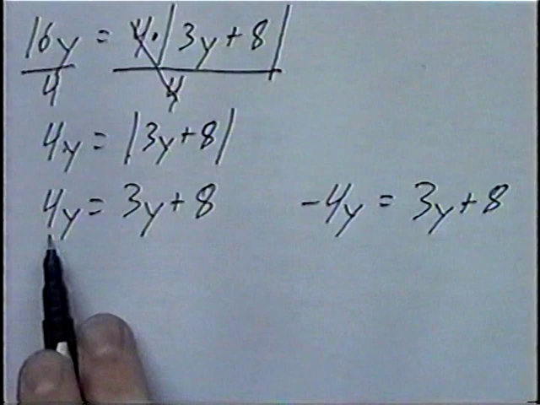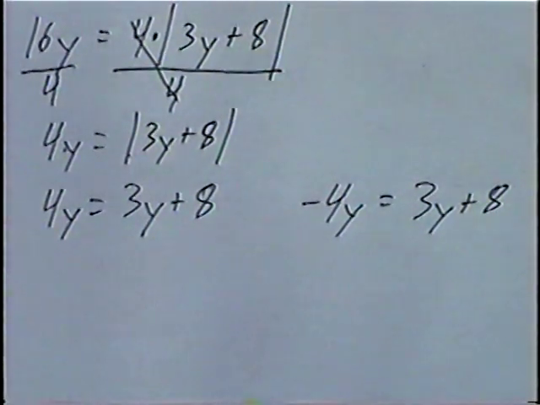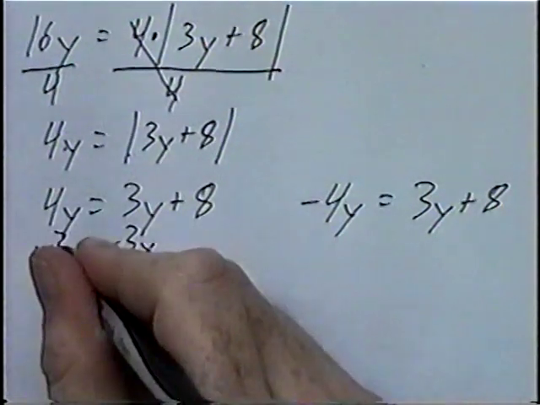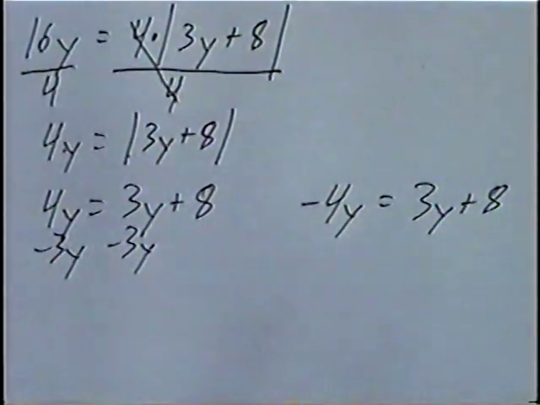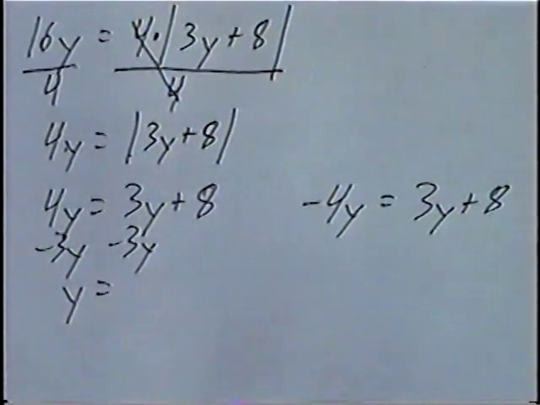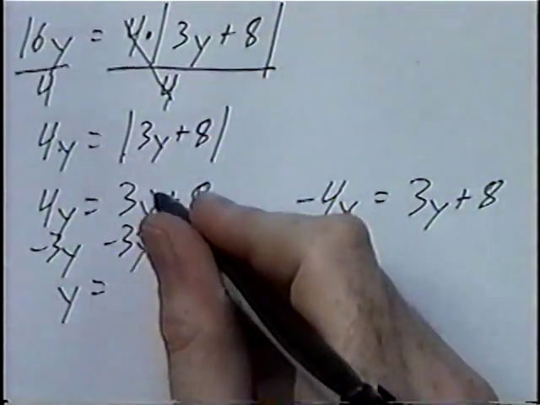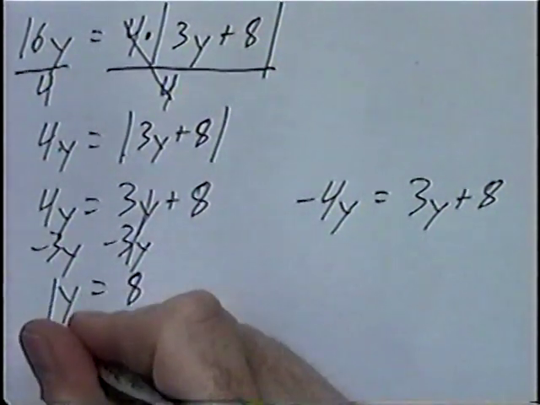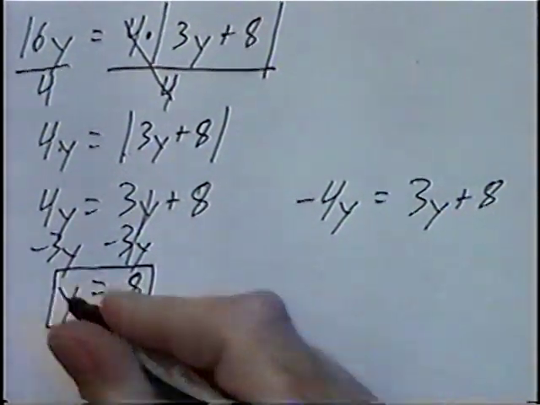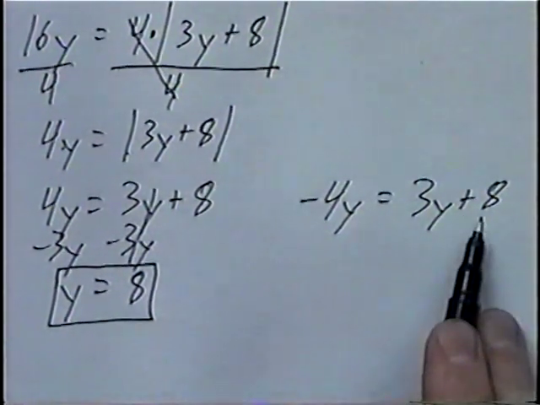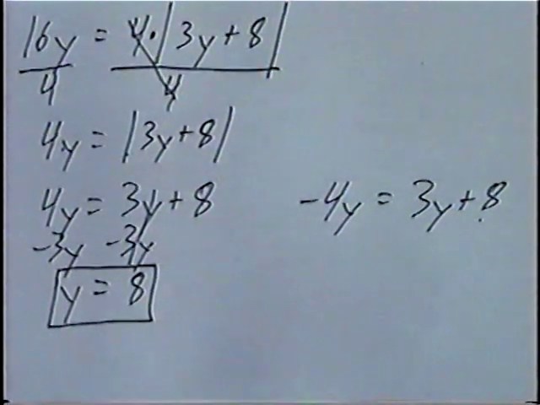Solving each equation, 4y equals 3y plus 8. We can subtract 3y on both sides. 4y minus 3y would be 1y or just y. 3y would cancel, and we have the possible answer, y equals 8. Second equation that we have on the right hand side.